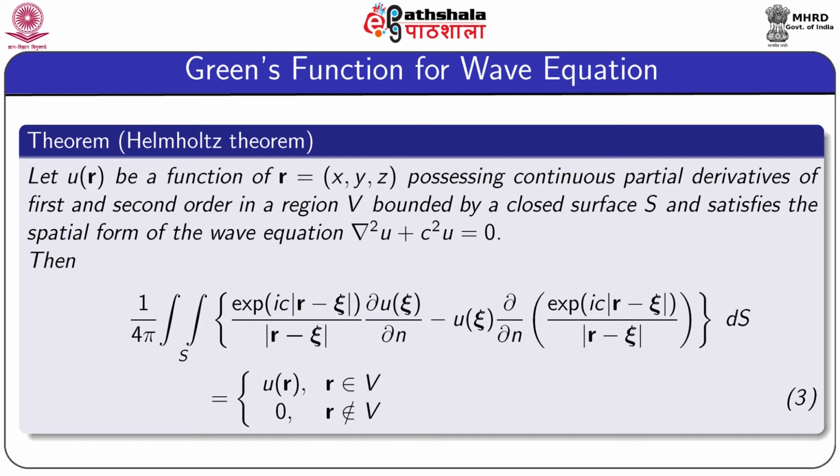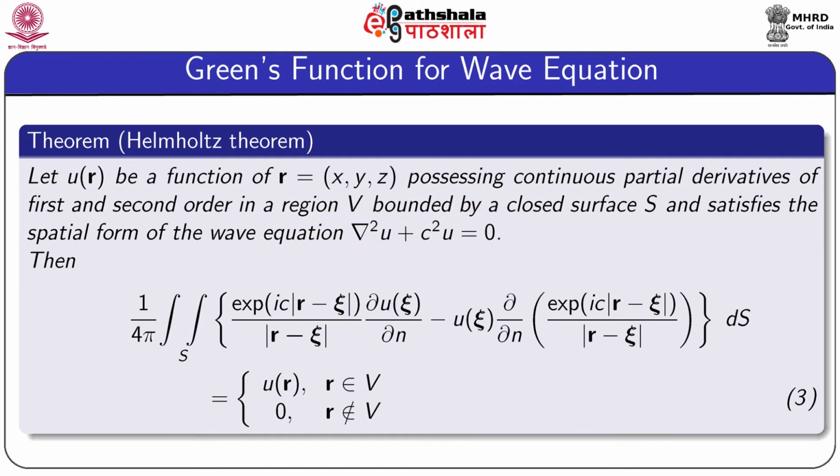let u(r) be a function of r possessing continuous partial derivatives of first and second order in a region V, which is bounded by the closed surface S, and this u satisfies the Helmholtz equation (Laplacian plus c squared) operating on u equals 0.